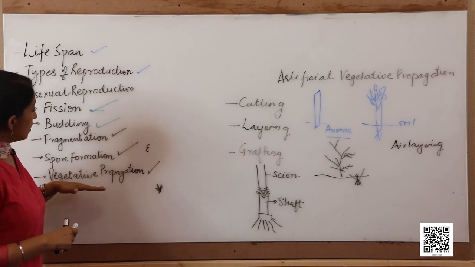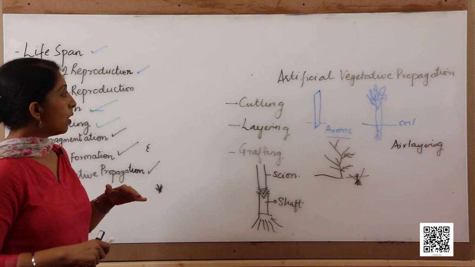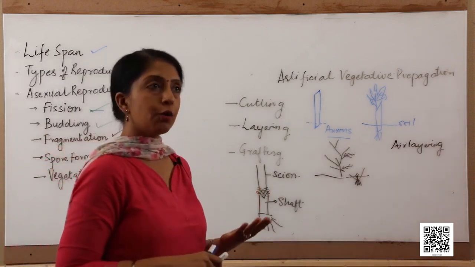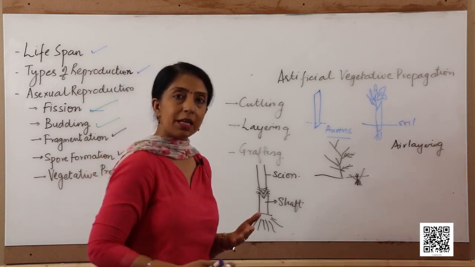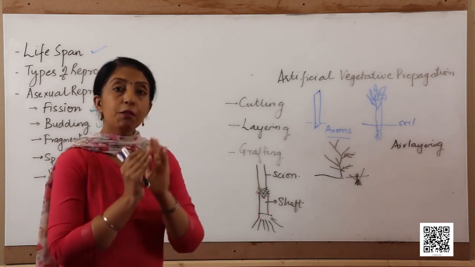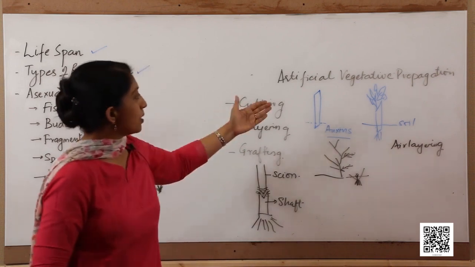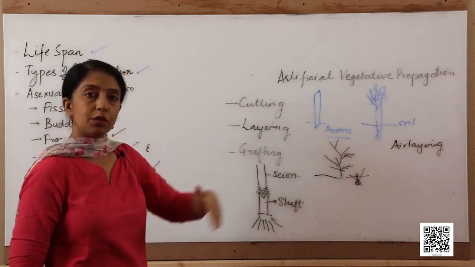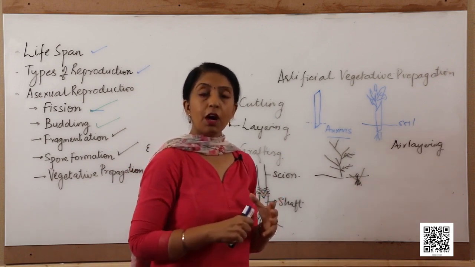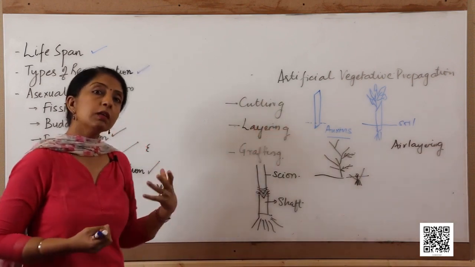Then the last part that we discussed was vegetative propagation. We saw how natural vegetative propagation takes place in plants, which ensures that multiplication of plants takes place at a faster rate and good qualities of the parents are preserved from generation to generation. And we also discussed artificial vegetative propagation, which is done artificially by agriculturists and farmers to give rise to new plants which have better qualities.